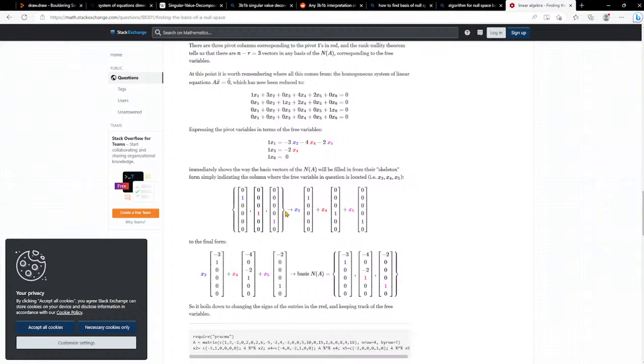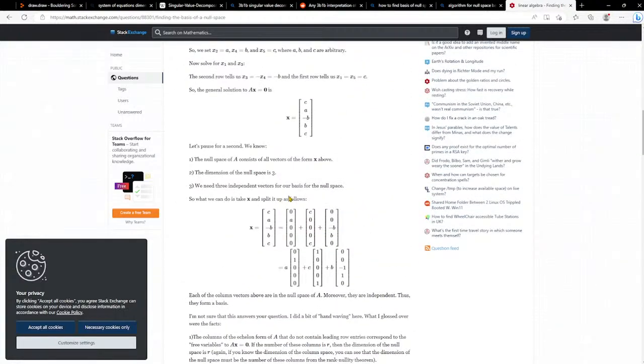There's a step missing here. So minus 3x2. I don't get it.